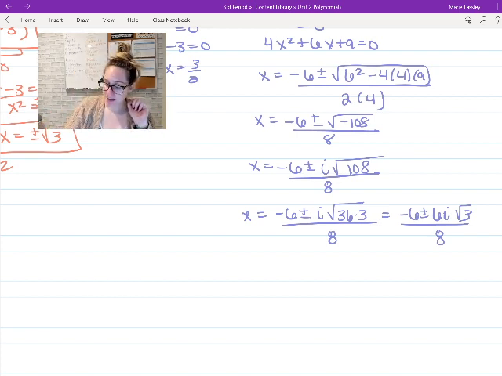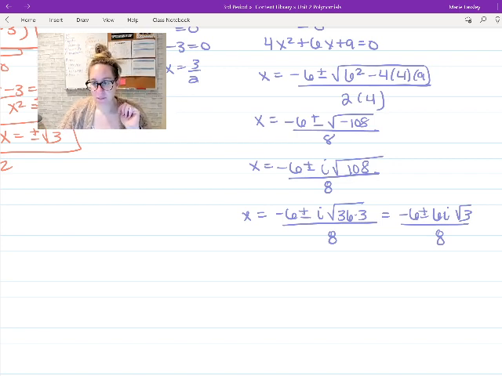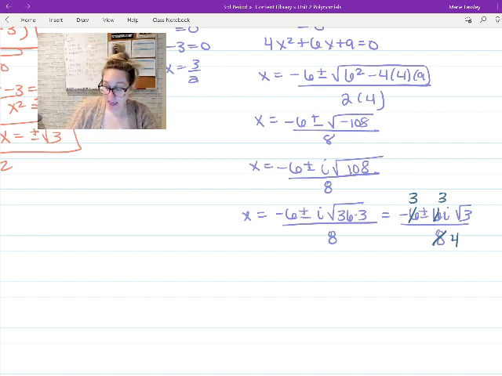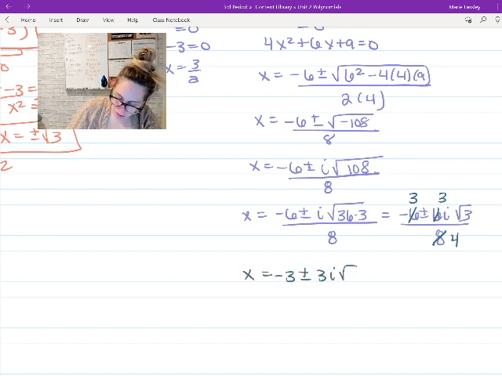So 6 divided by 2 is 3, 6 divided by 2 is 3, and 8 divided by 2 is 4. So I just divided everything out by 2. So the final answer here is x equals -3 plus or minus 3i root 3 all over 4.